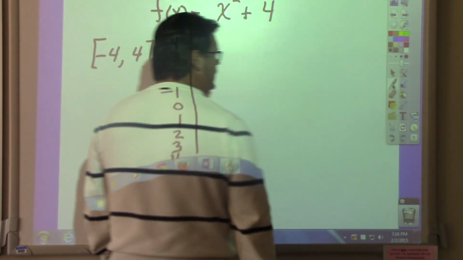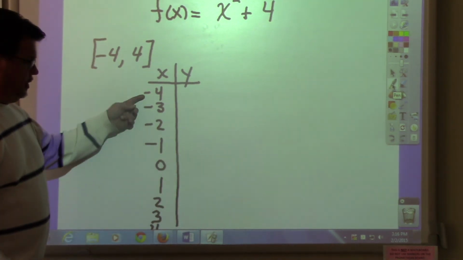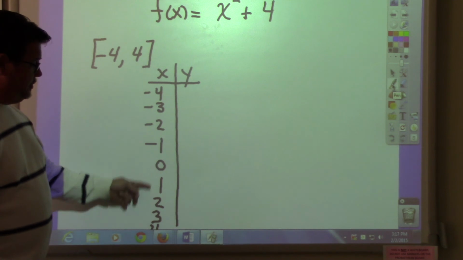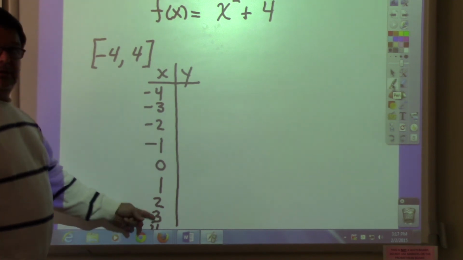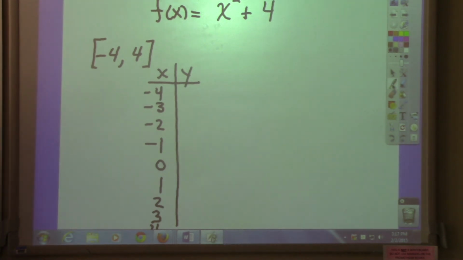All right, so I put my table of values. What is this called? It starts with a D. Domain, this is your domain. Your domain is all the numbers from -4 to +4. It includes fractions, decimals, and whole numbers, but none of y'all use fractions and decimals, so we're just going to use whole numbers.